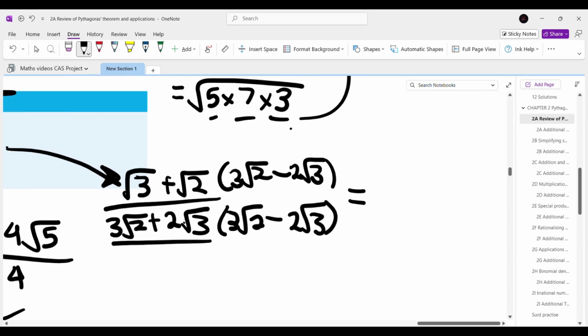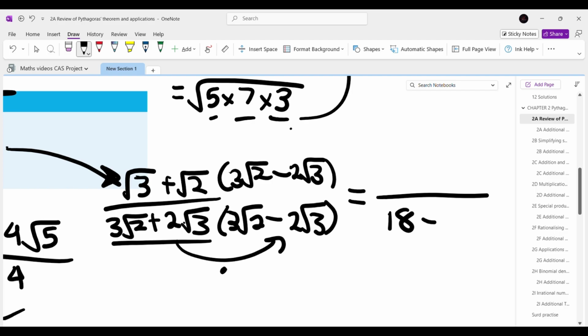The numerator equals 18 minus, obviously that becomes 4 times 3, which is 12, over the denominator.